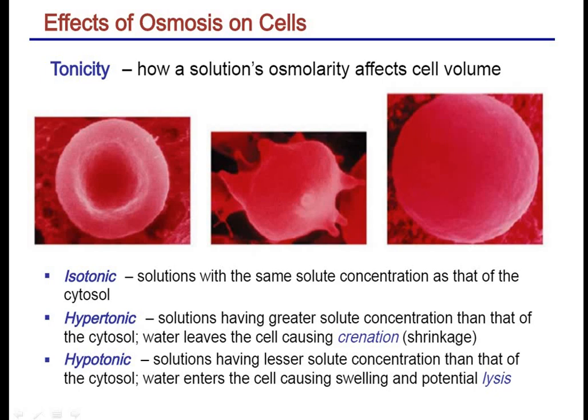Let's take up a new term, that is tonicity, and you are familiar with it. This is how the solution's osmolarity will affect the cell volume. What will be the effect of the solution in which the cells are placed on the cell volume? When we use the word isotonic, we mean that this solution has the same solute concentration as that of the cell which is placed inside.